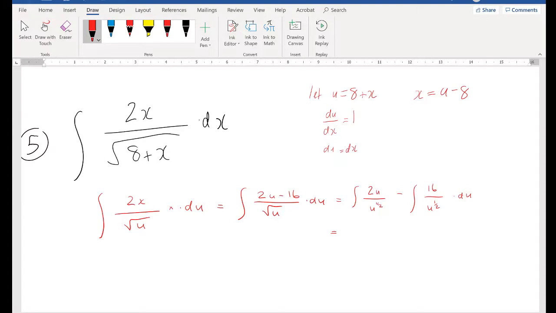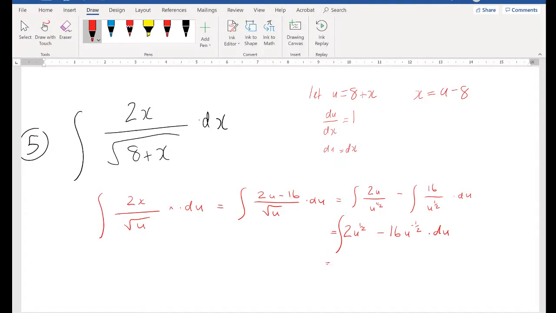U to the power of 1 divided by u to the power of half, we subtract the indices, so we get 2u to the power of a half minus 16, and I'll just bring the u up to the power of negative a half here. Hopefully you're following. There's nothing too complicated, just manipulating indices.